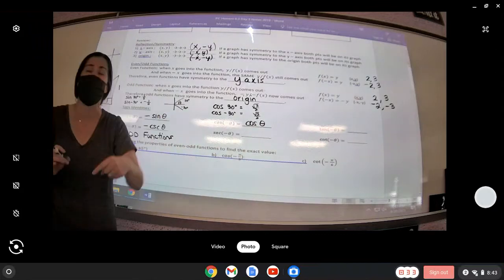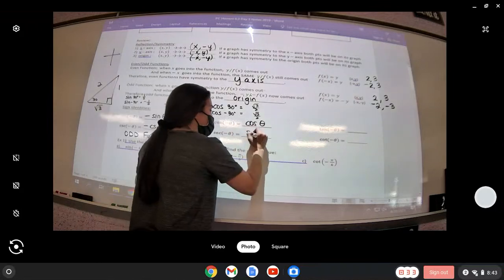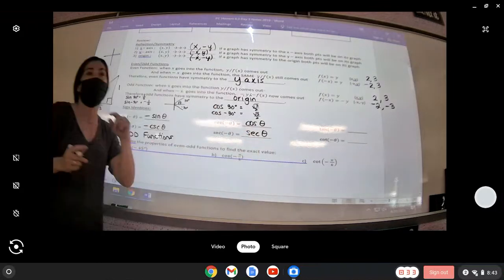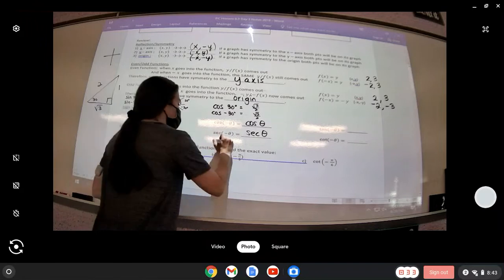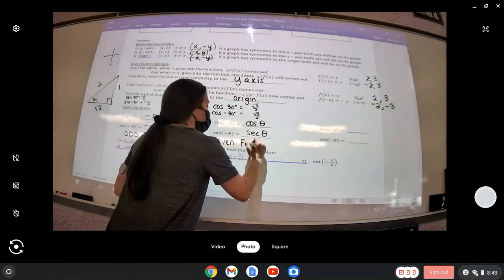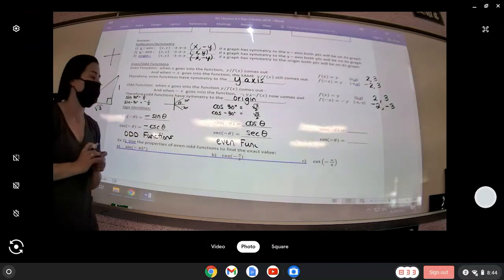This is an even trig function. And since the secant is its reciprocal, it'll behave the exact same way. The secant of the opposite of theta will get you the exact same ratio that the secant of theta got you. So the cosine and the secant, their graphs will have symmetry to the y-axis. They are even functions.